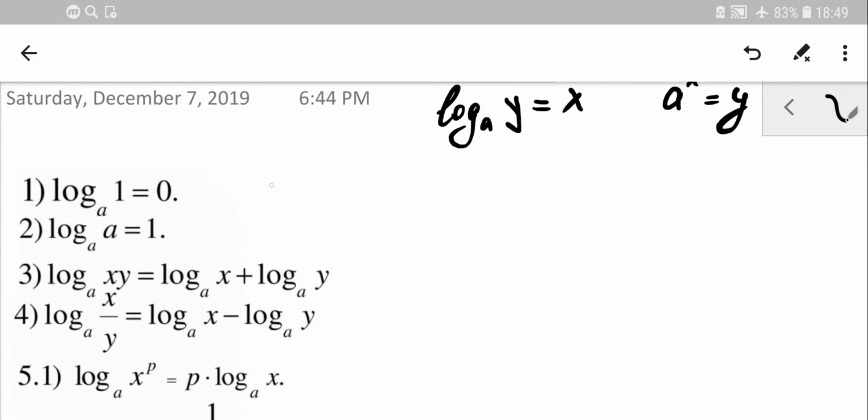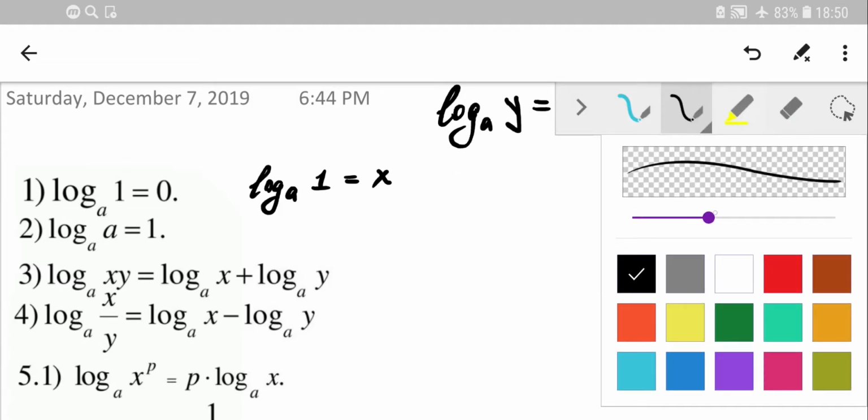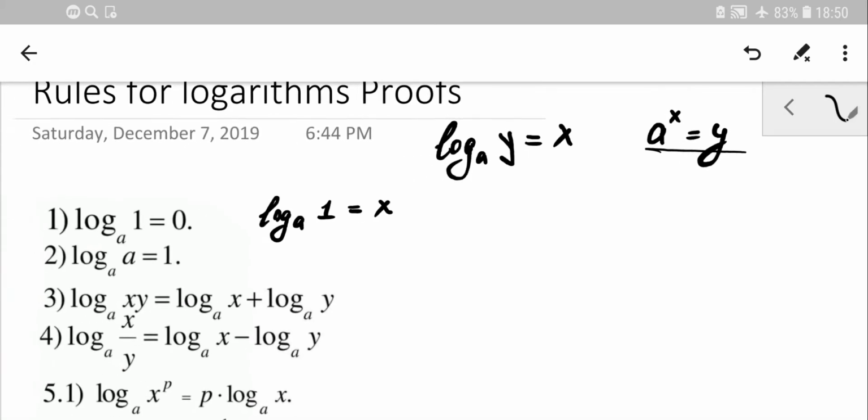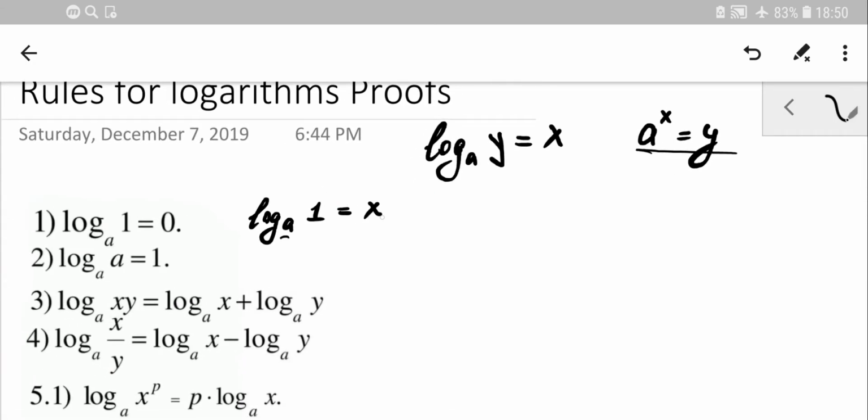Okay, so let's say we don't know that log with any base a of the number 1 is equal to 0, so we just put some x and try to prove that x equals 0. So how to prove? Simply use the exponential form here and raise a to the power of x.